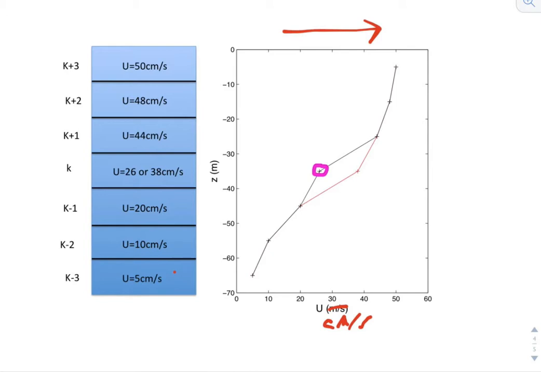So does having a neighboring parcel up here moving faster than our parcel of interest here, and a neighboring parcel deeper moving slower than the parcel of interest, do those have some influence on the velocity of this parcel at a later time? And we can look at the momentum equations to try to see what's going on.